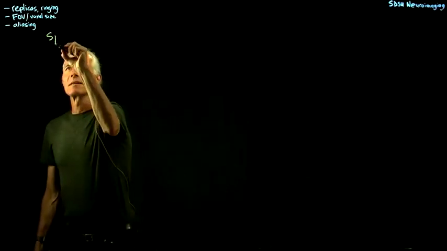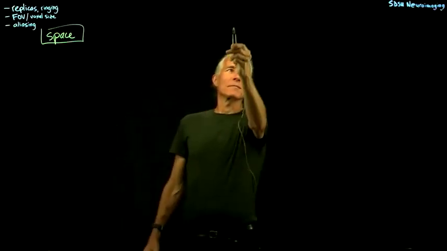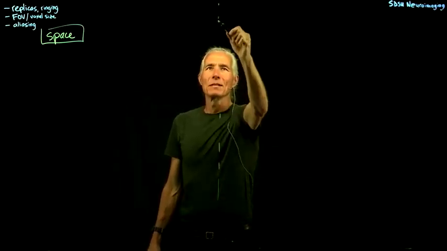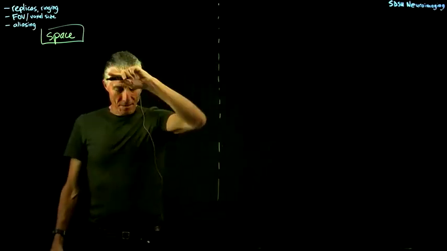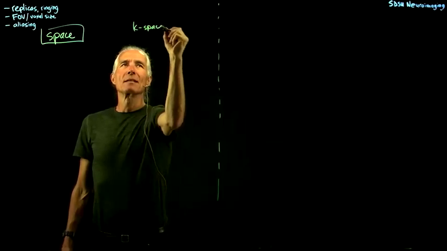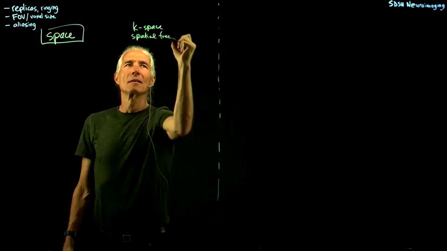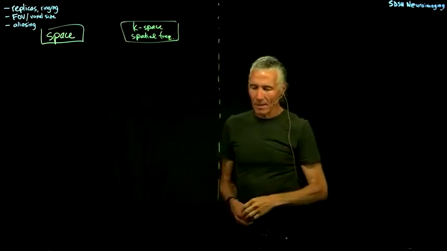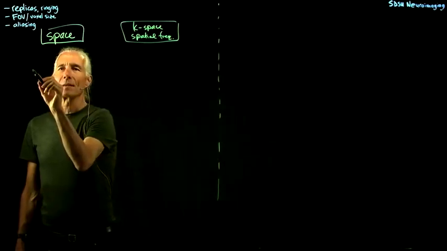I'll divide down the middle here. We'll have two examples of multiplication and convolution. Here's the K-space side, spatial frequency side, and here's the space side.